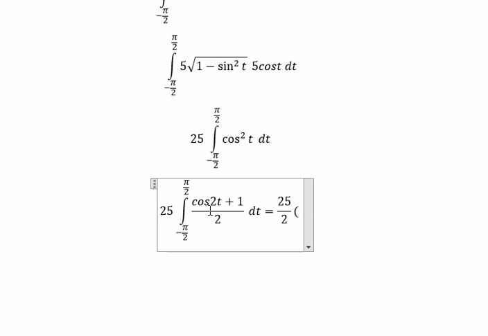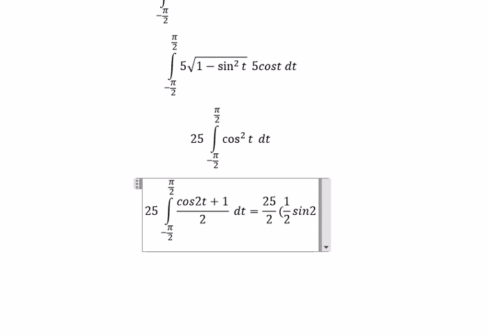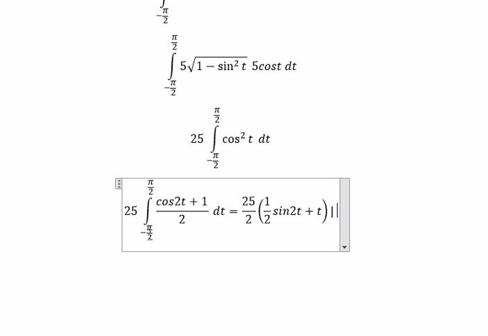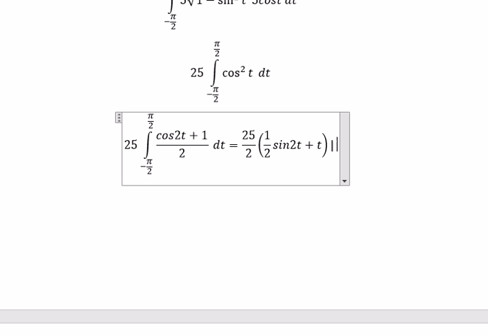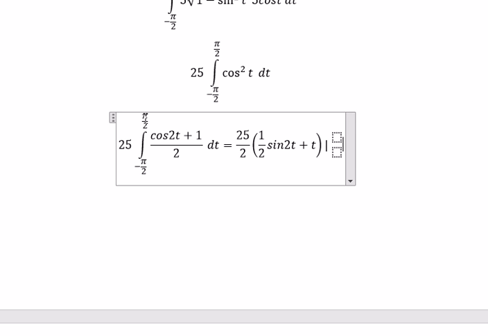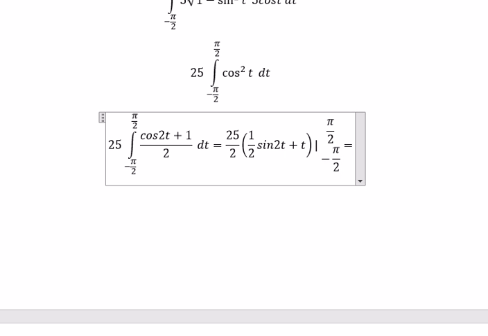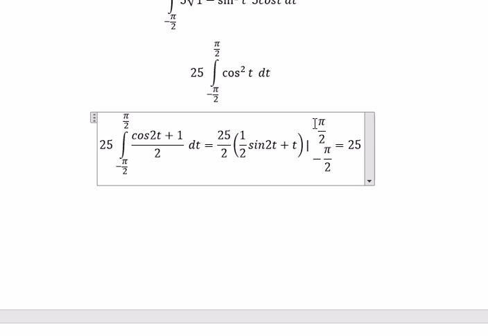The integral of cosine 2t gives 1 over 2 sine 2t, and we have t, and we put the bounds in here. So this one gives 25 pi over 2.